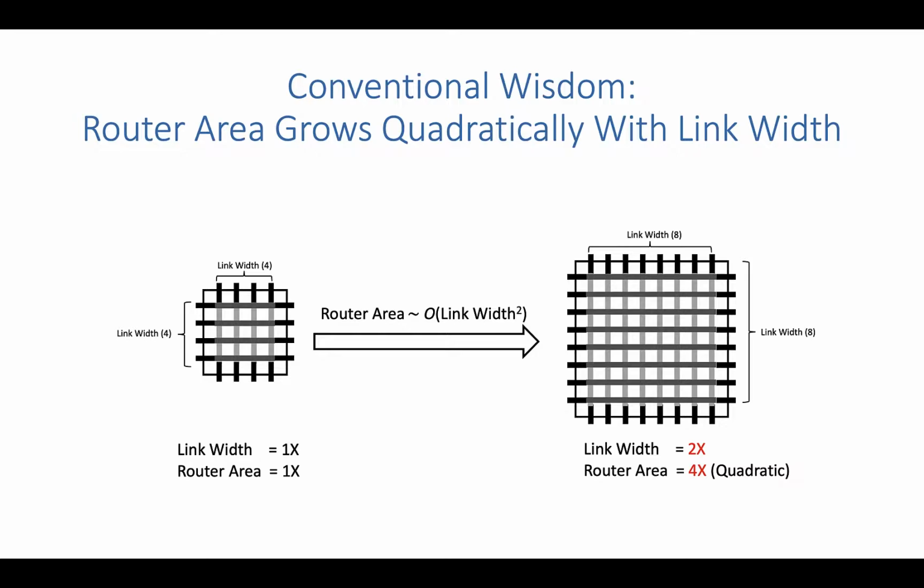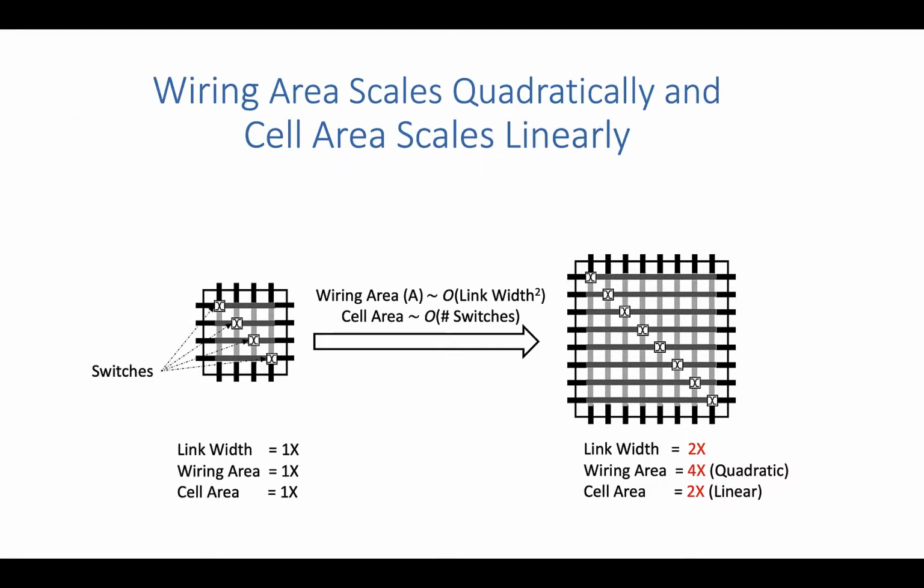In fact, if we look more closely, we can see that as the link width increases, it is the wiring area that scales quadratically, and the cell area actually only scales linearly. To demonstrate this concept, we have annotated the previous figure with switches, where the horizontal and vertical wires intersect.